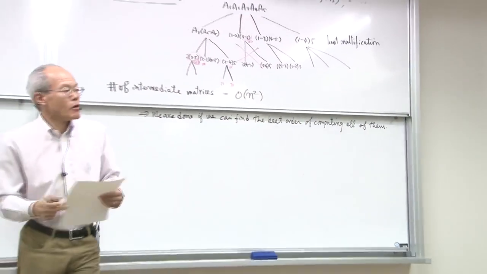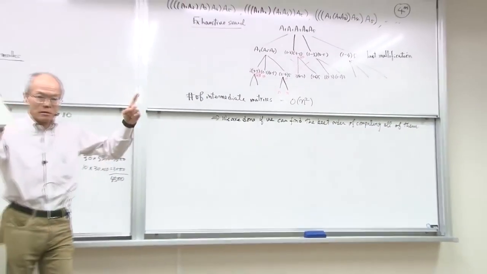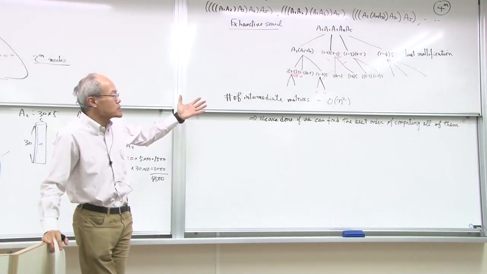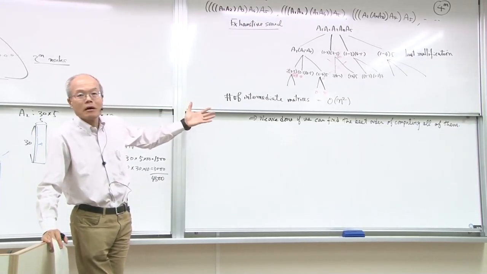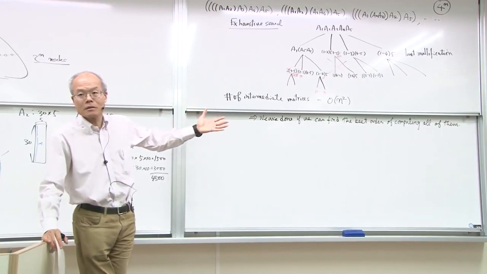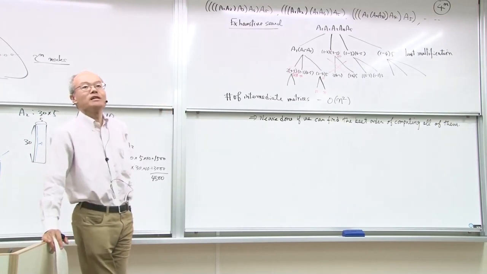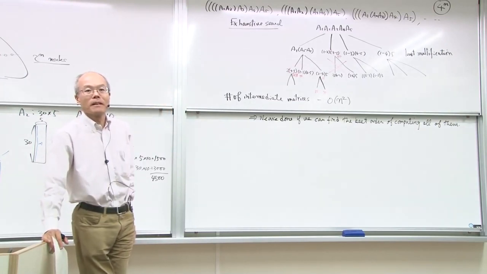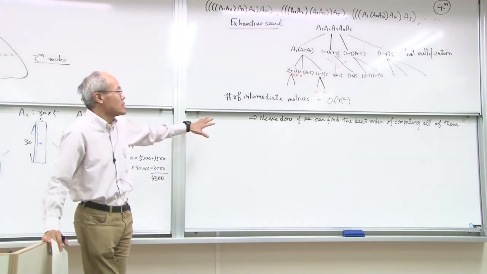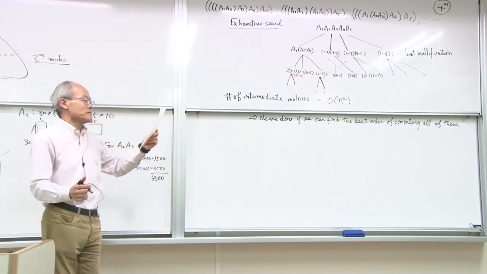So we have only n squared intermediate matrices. So we are done if we can find the best order of computing all of those n squared partial multiplications. I'm sorry, not submatrices, partial multiplications. Right? Okay, so in order to do this, we usually use the following table.